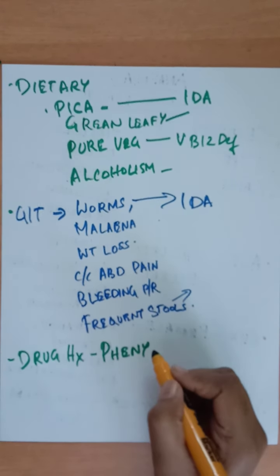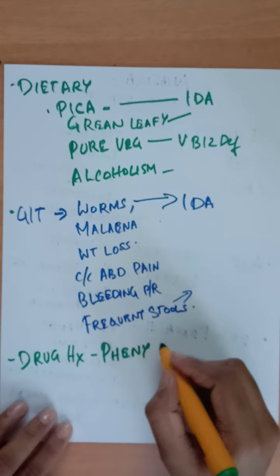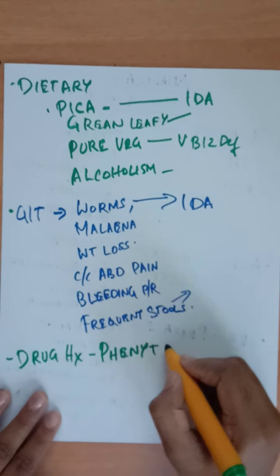So what are the drugs which have a tendency to cause megaloblastic anemia?